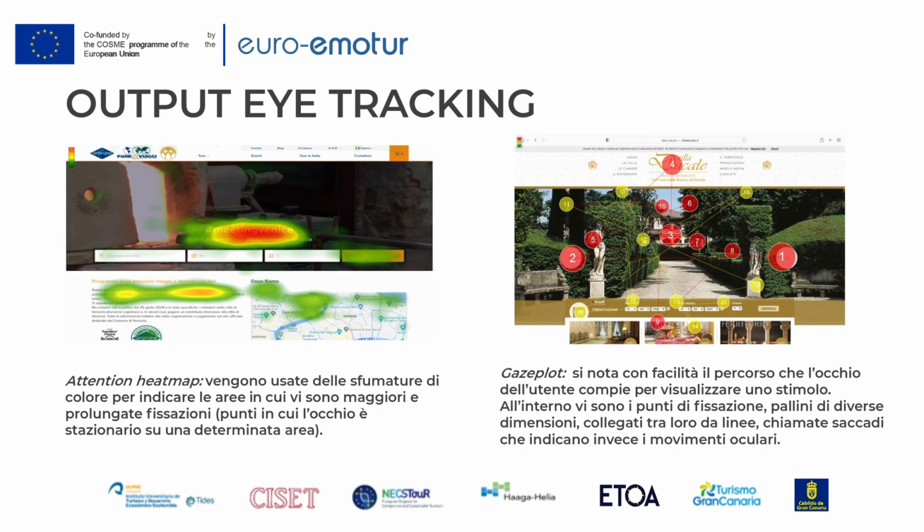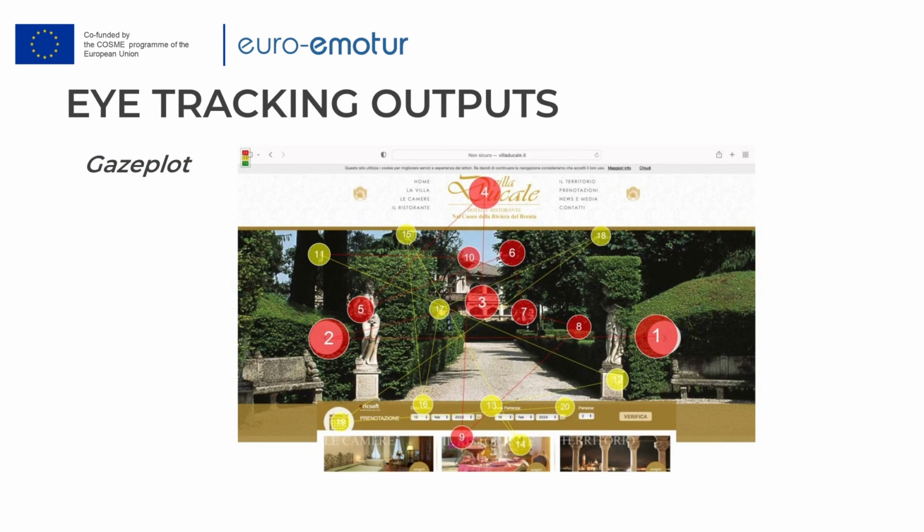What an eye tracker shows us in terms of representation of the movements and of the focus of the gaze on a surface are different kinds of representations. In our case, we are going to use a couple. One is the gaze plot.